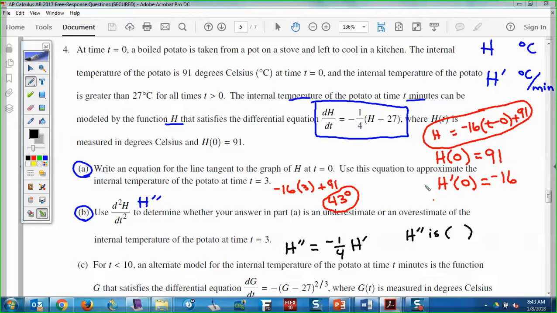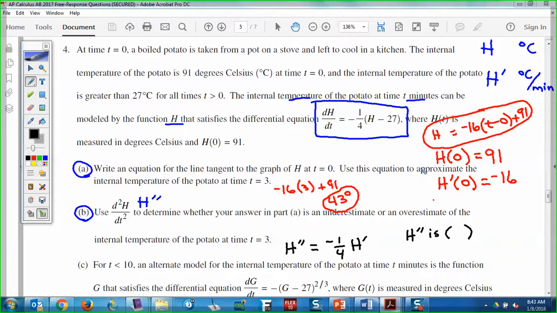You can do that without a calculator. Times negative 1/4, they make it work out nice. That's negative 16. So that gives you a point and a slope. So that allows us to write an equation of a tangent line.